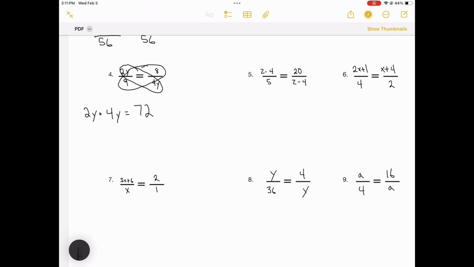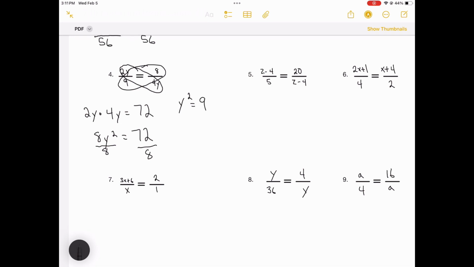Well, y times y is actually y squared, so that would be 8y squared equals 72. Now you would divide by 8. Then you're going to get y squared equals 9.